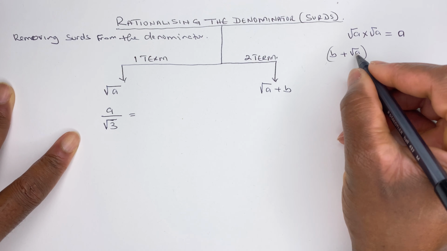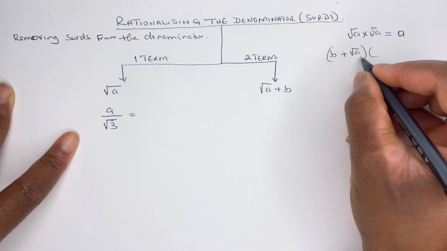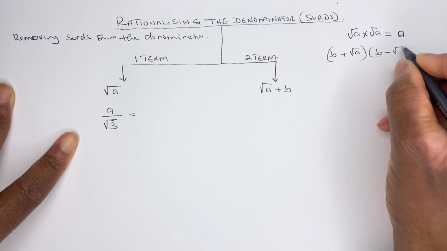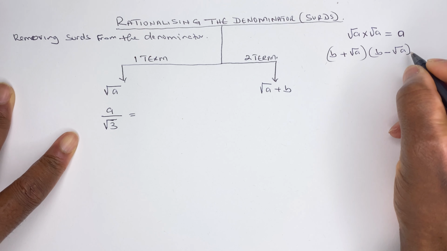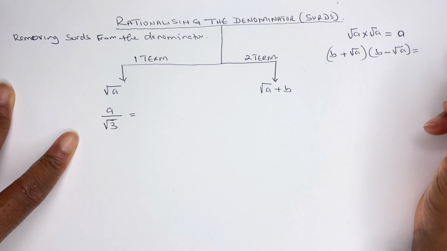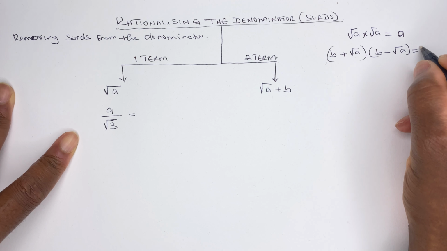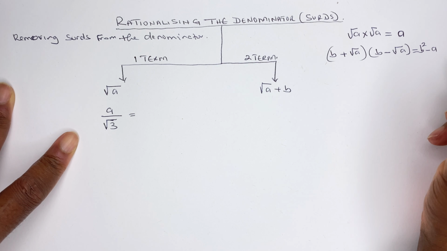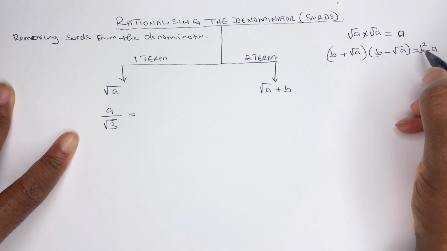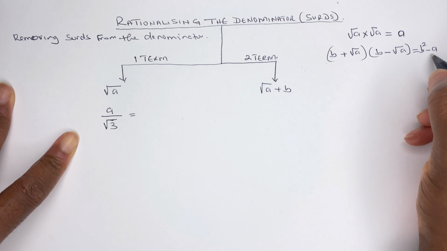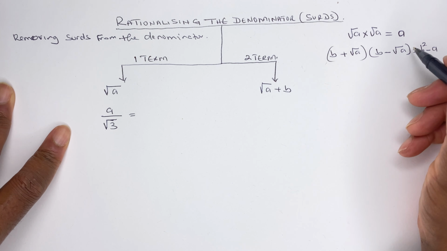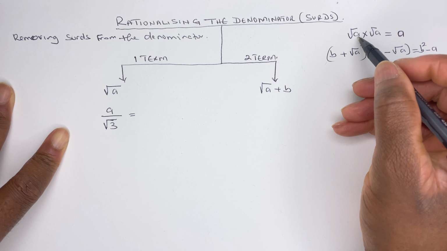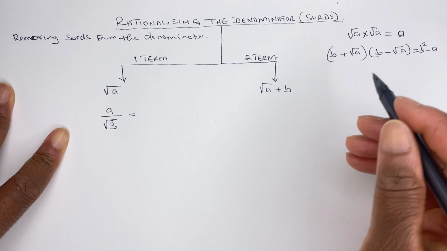If I want to get rid of that surd, I need to multiply by its conjugate pair, which is b minus root of a. That will give us b squared minus a. If we multiply it out, we get b squared minus a. And if we multiply root a by root a, I get a.